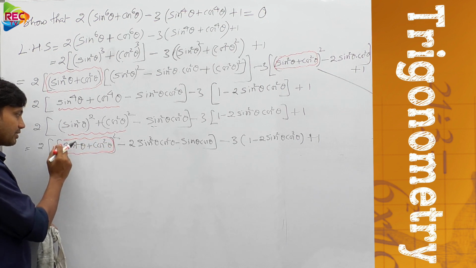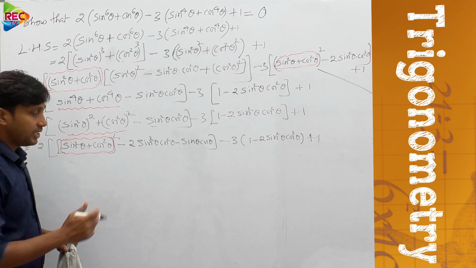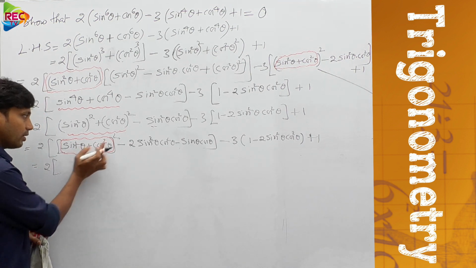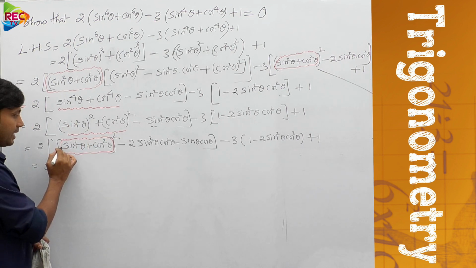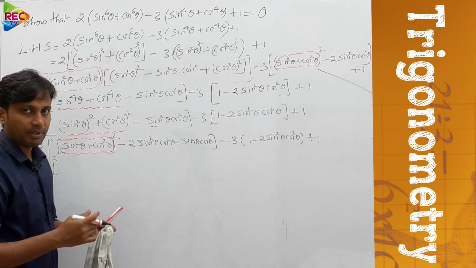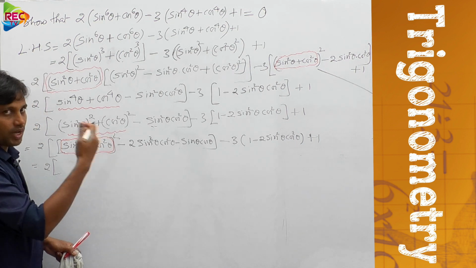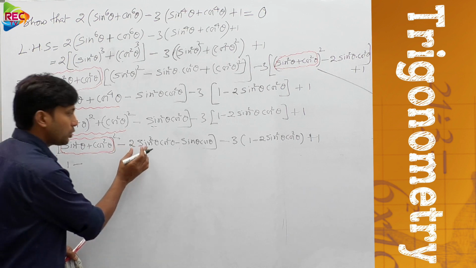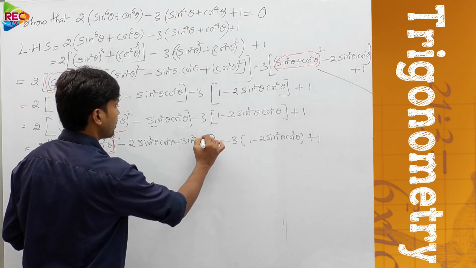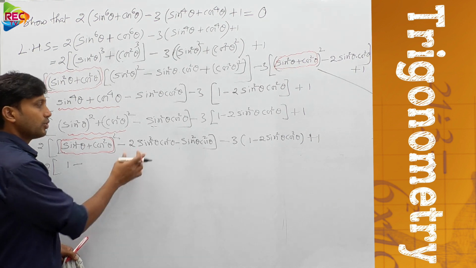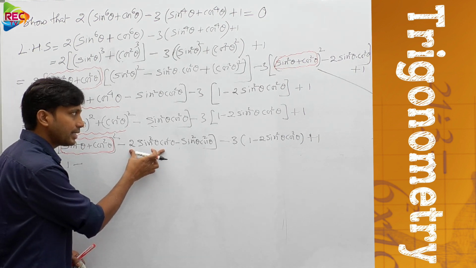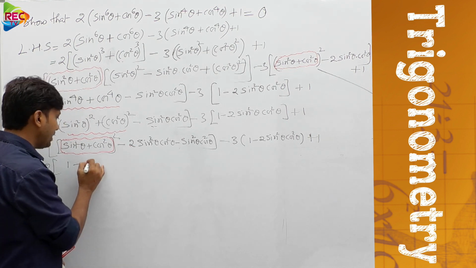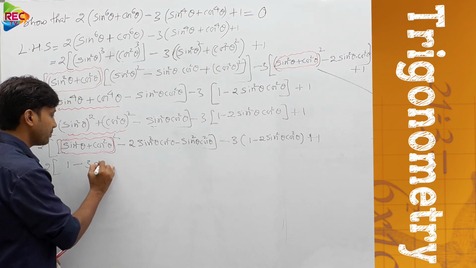Okay, now just see, once again I am telling you, again inside this small bracket, what is formed? Sin square theta plus cos square theta or not? Means value of this is again 2 into 1 square. See, sin square theta plus cos square theta value would be 1, to that whole square, that means 1 square is 1 itself, minus 2 sin square theta cos square theta, minus sin square theta cos square theta, means here minus 3 sin square theta cos square theta or not?